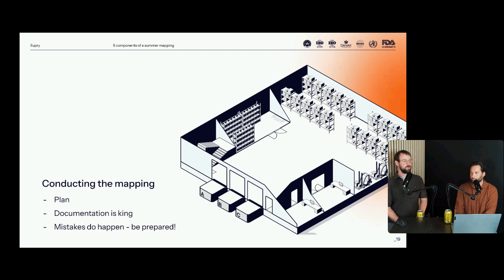Another thing is documentation is king, especially during such things as mapping exercises, because first of all, you should fulfill the requirements from your mapping protocol, right? You should document everything that's stated in there. But more than that, it's always good to write down stuff along the way that seems odd, or which will help you when you're writing the report justify why did we see these temperature excursions.